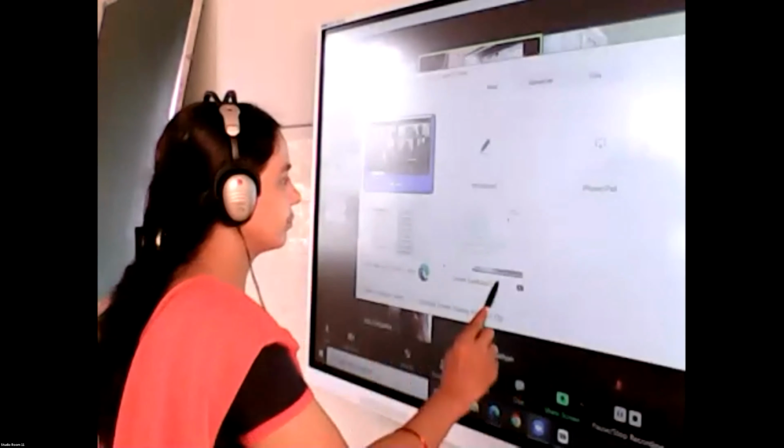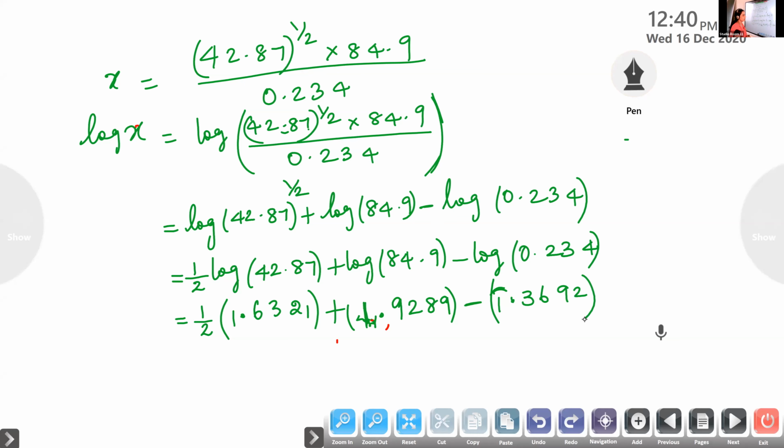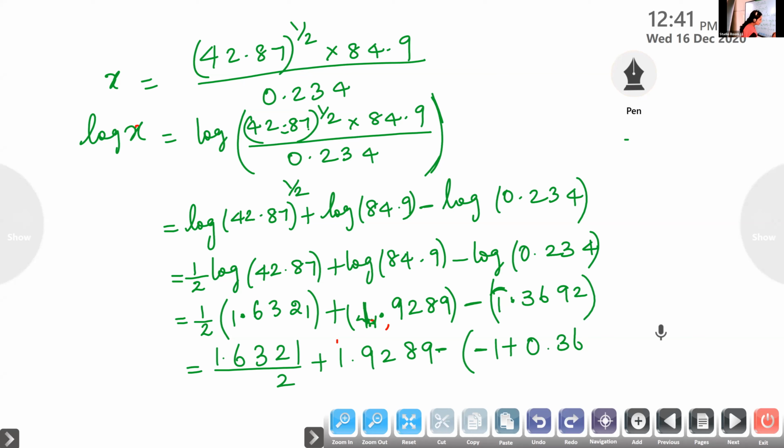So substitute there. 1 bar point 3692. Now this is equivalent to half of 1.6321 plus 1.9289 minus 1 bar, and 1 bar means minus 1, plus 0.3692.